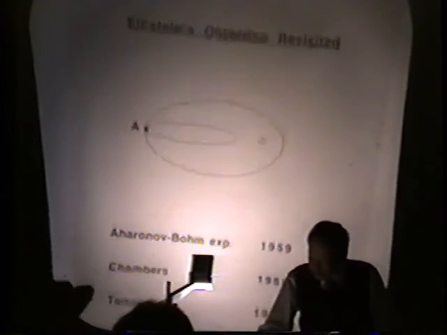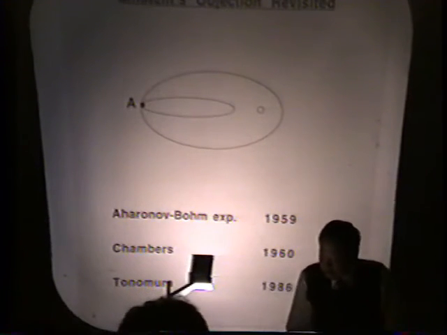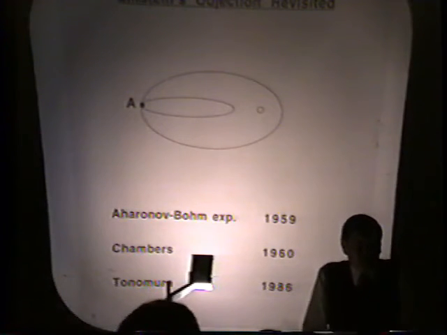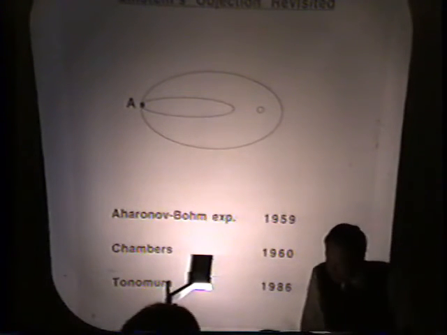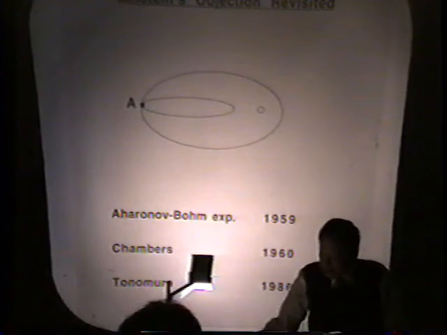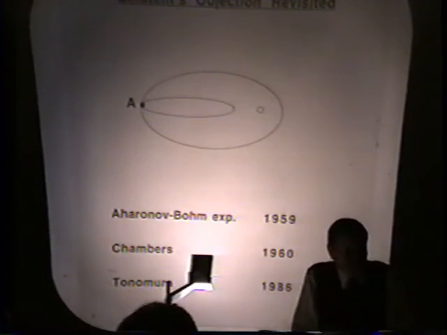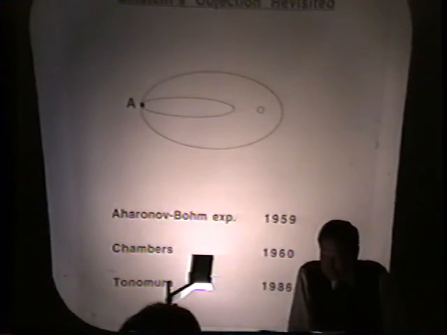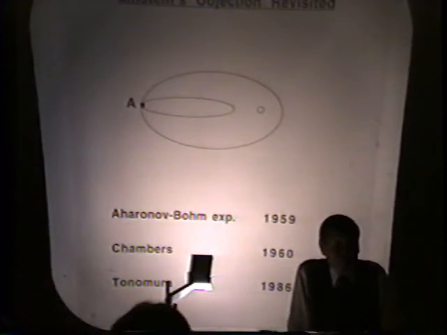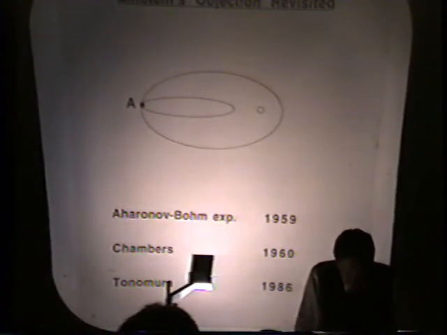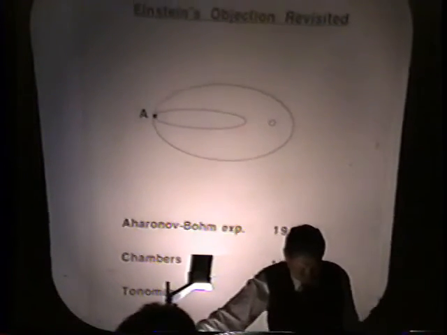That was claimed to have been proven experimentally by Chambers, but the Chambers experiment was very inaccurate, so it generated more confusion than confirmation of the idea. It was only in 1986 that Tonomura in Japan finally had an accurate experiment which showed that the Aharonov-Bohm experiment was valid. Bohm is now dead, but Aharonov last year received the Wolf Prize for this contribution.